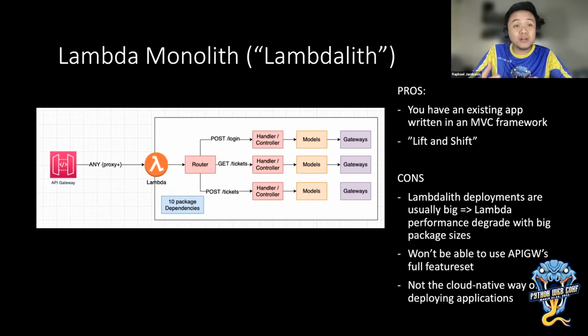It means slower response times, because maybe your whole e-commerce application is like 700 MB, so Lambda needs enough computing power, and that will slow down your application. Another con here is that we're not maximizing API Gateway as a router, because we're just routing everything to one single Lambda function, and it does all the work for us. So those are the cons of this approach.